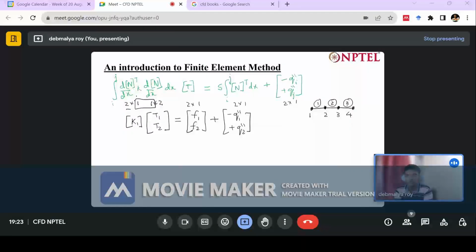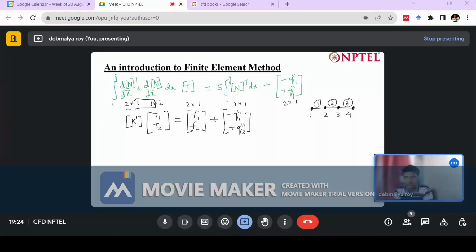Simply what we have to do is, for example, we want to find out this K matrix. So we want to find out K11. Okay, just for the sake of it, let me not write K1 like this.